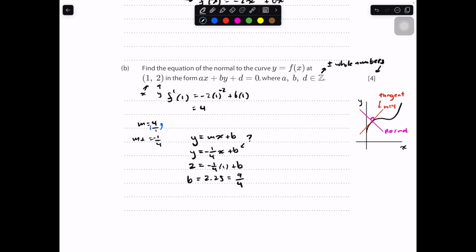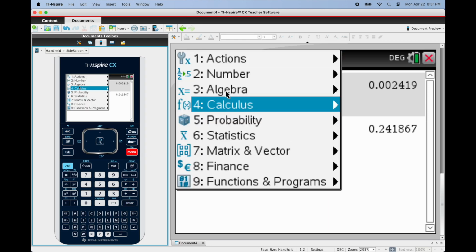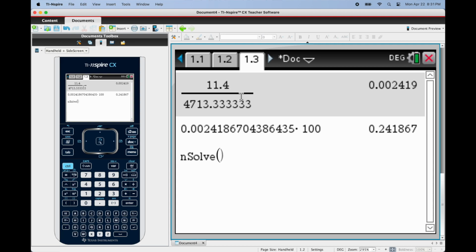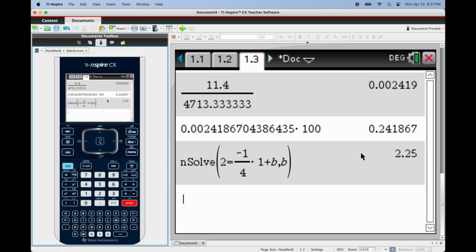I'm going to go to the calculator really quick to show you something. We can work this out and convert decimals. Let's go to algebra and solve: 2 equals negative 1 over 4 times 1 plus b, and ask it to solve for b, and it would give us 2.25.